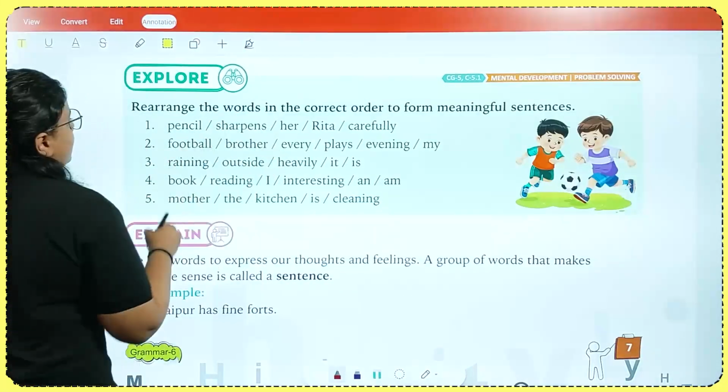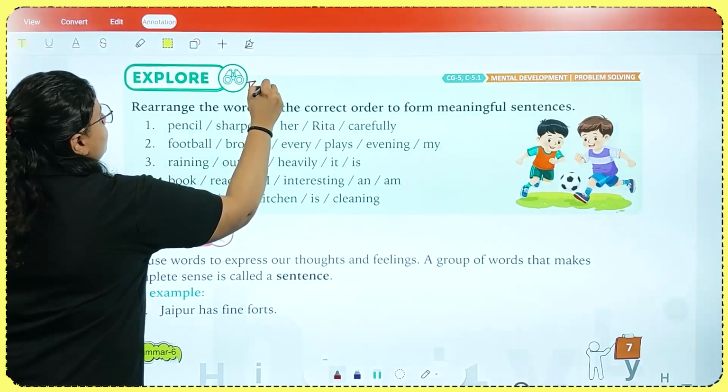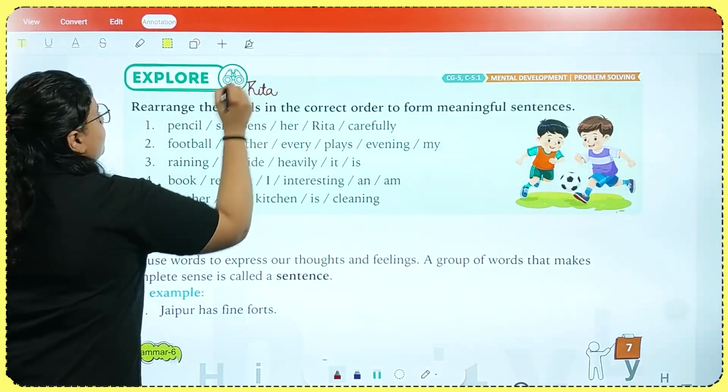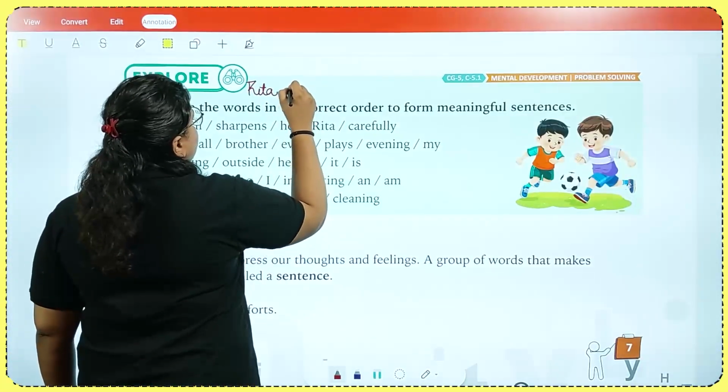What can we write? Rita sharpens her pencil carefully.